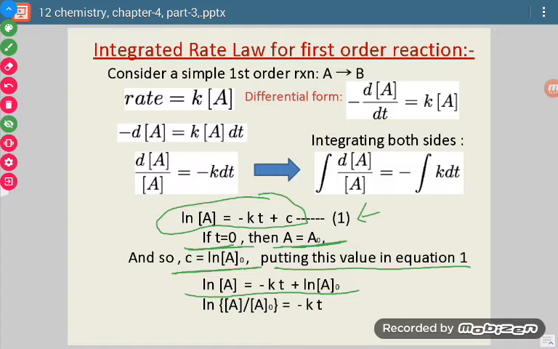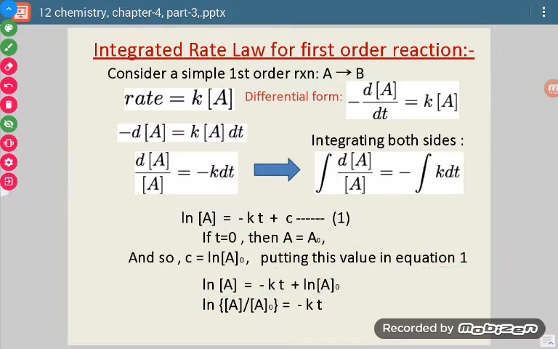Now ln A naught we take from right side to left side, and it becomes ln A minus ln A naught. Log M minus log N is equal to log M over N, where M is here A and N is here A naught. So ln of A over A naught is equal to minus kt.